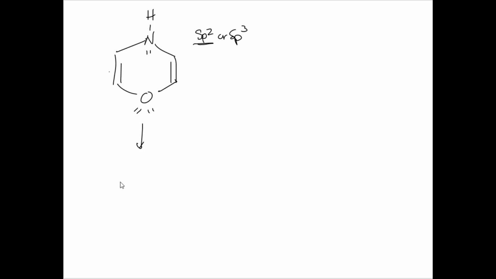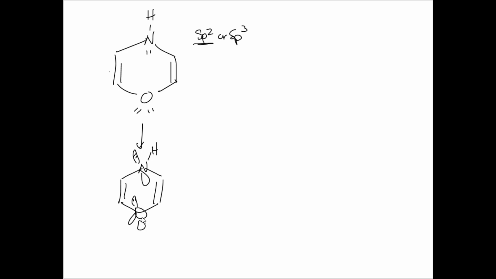So let's take my nitrogen and put that pair of electrons into the p orbital. And the oxygen says, okay, I'll put my pair of electrons into the p orbital, and we will both become sp2 hybridized, so that we can check off criteria number 1, that all of the ring atoms are sp2 hybridized.